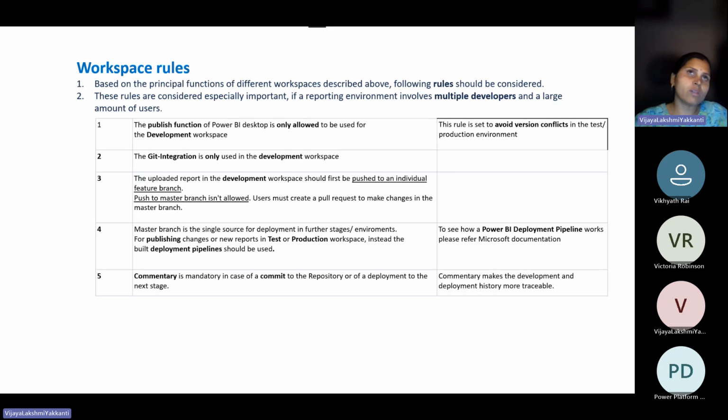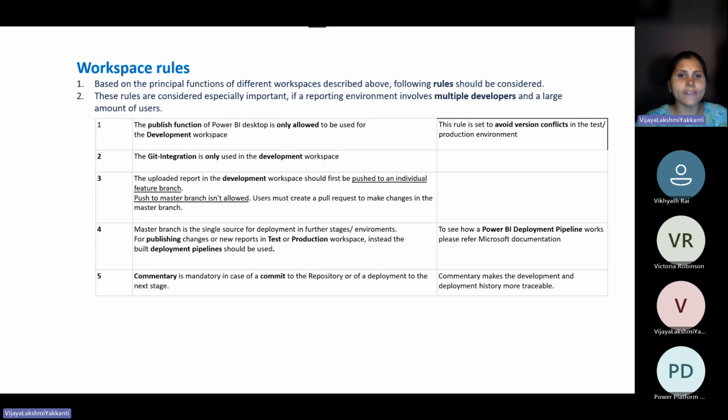At the end, for each report deployment we must use commentary. We have to make sure what report or what semantic model we are going to move. So we make sure there is proper commentary, proper text: this is a report moving from this workspace to this workspace, and we got approval from this person.